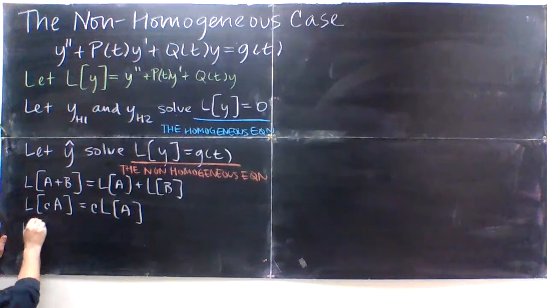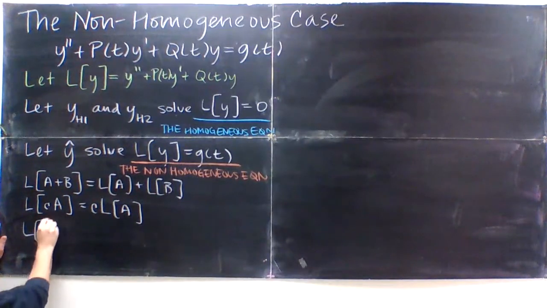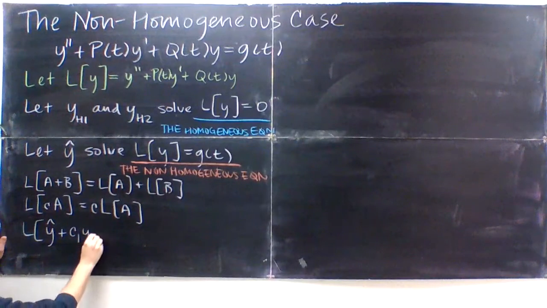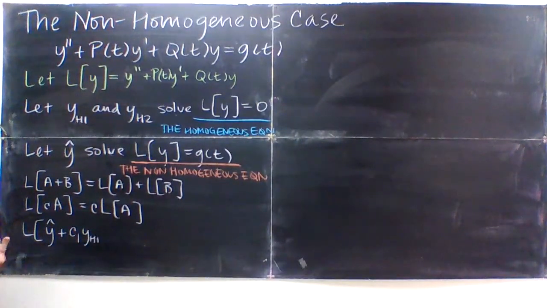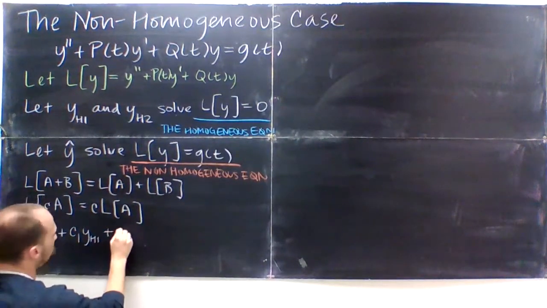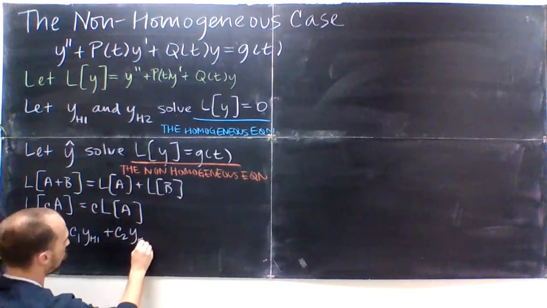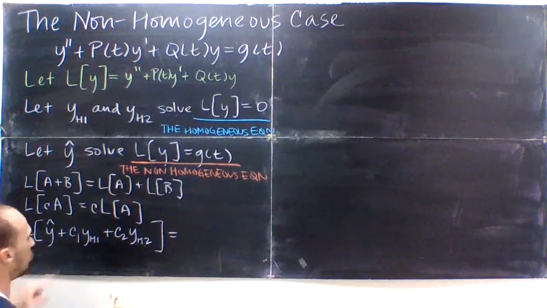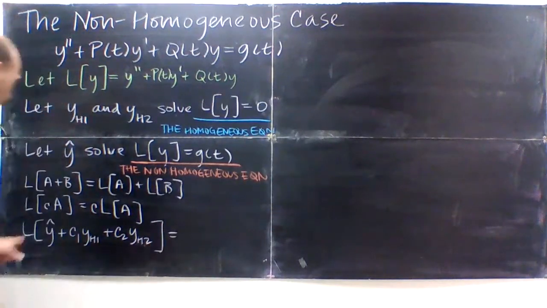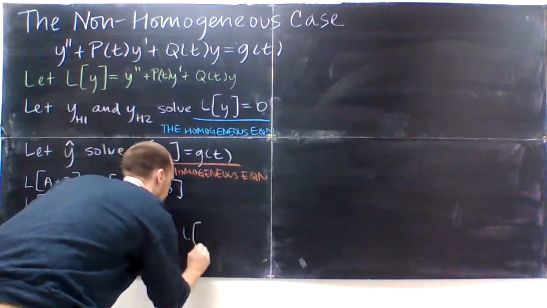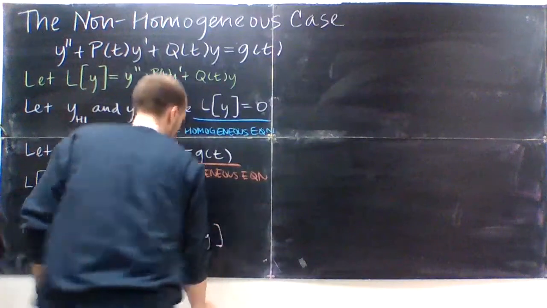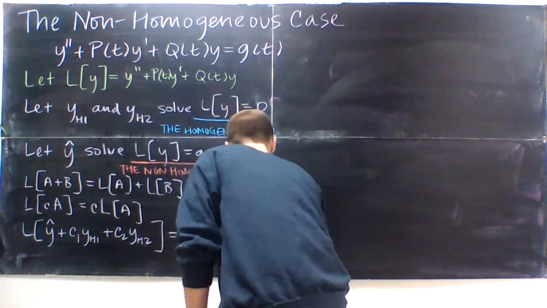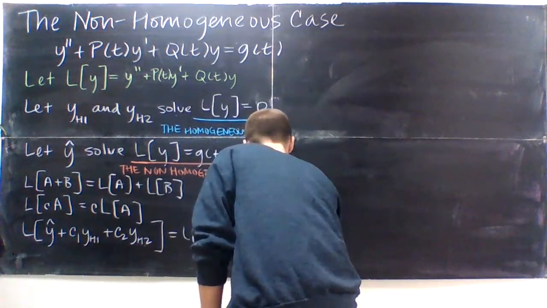So I'm saying that L of y hat plus C1 times homogeneous solution number 1 plus C2 times homogeneous solution number 2. Well, what I'm going to get, maybe I'll just carry this on through, is L of y hat plus C1 times L of homogeneous solution 1.